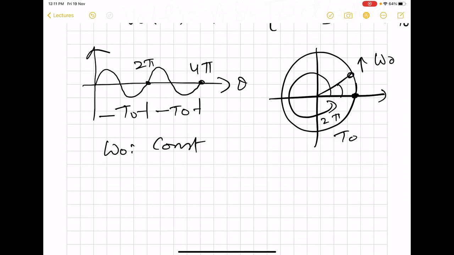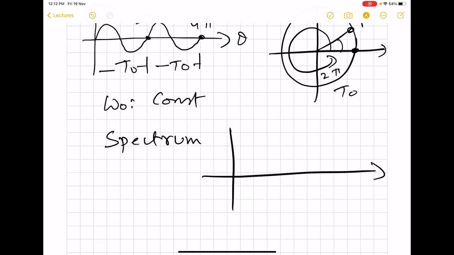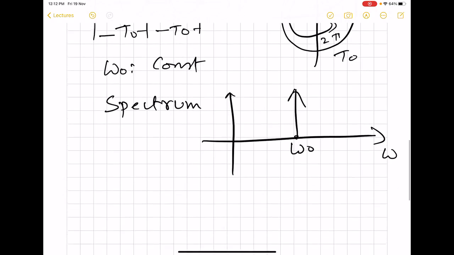And this will happen whenever this is fixed. If you see the spectrum of this signal, that means if you see the signal in the frequency domain, then we are going to have this kind of spectrum. That means there will be an impulse at omega naught.